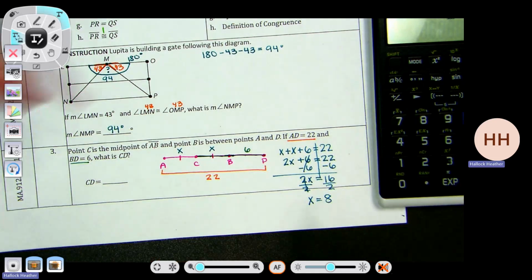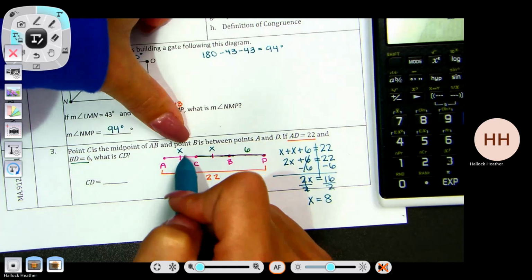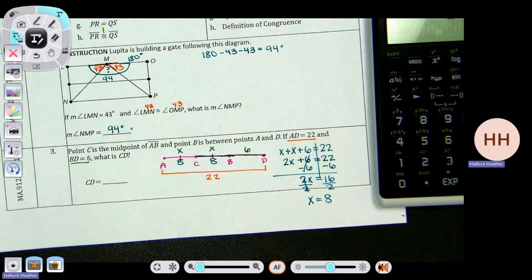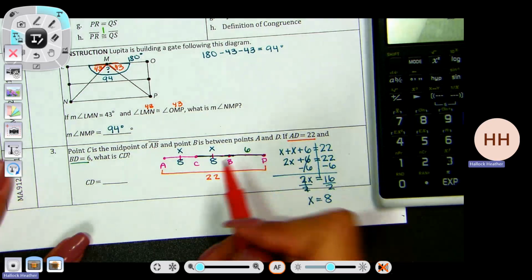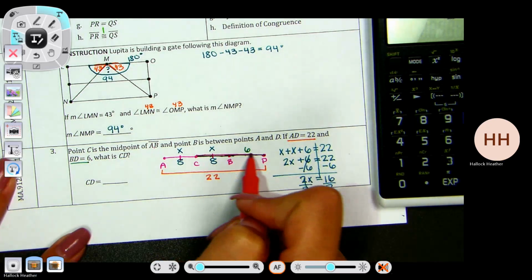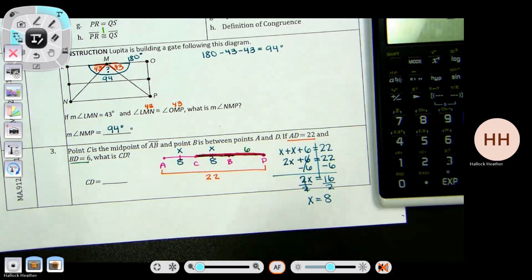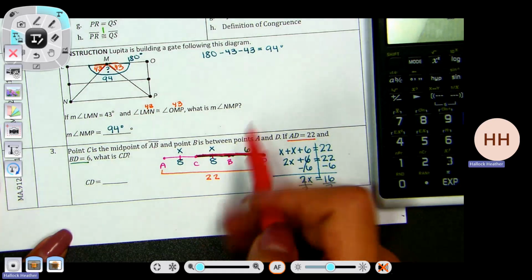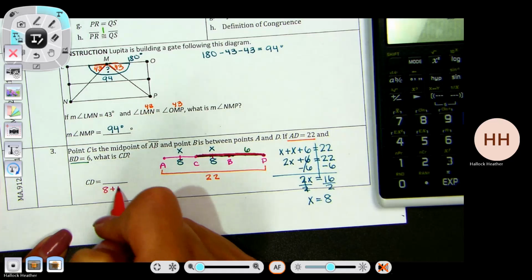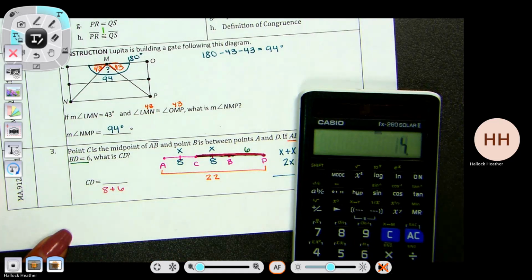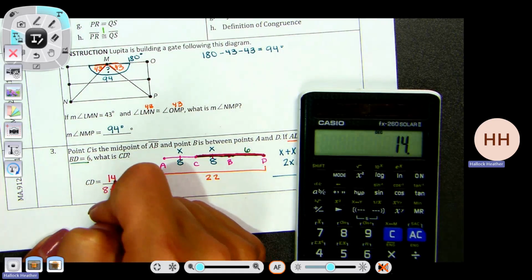So that means this is 8. This is also 8. I need to know the length of CD, which is 8 plus 6, which is 14.